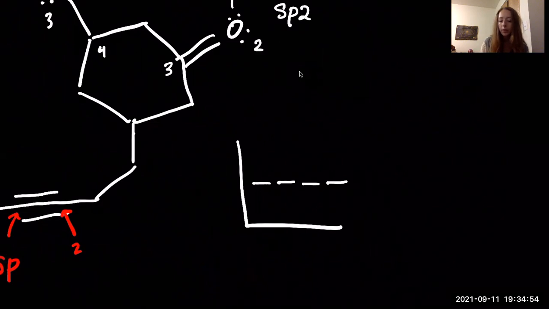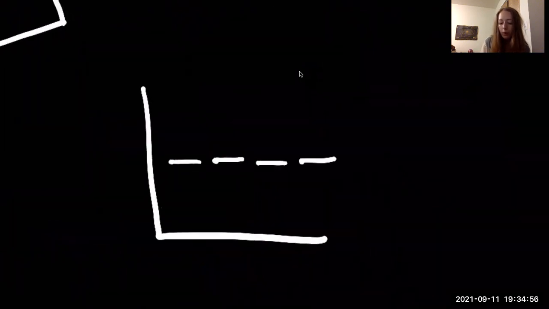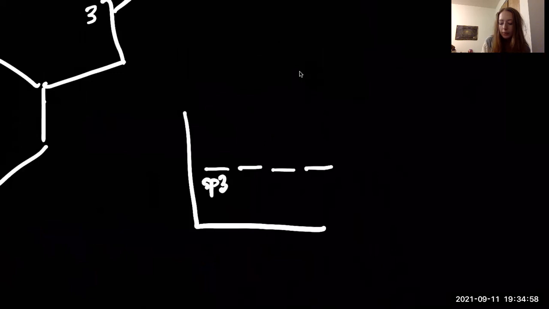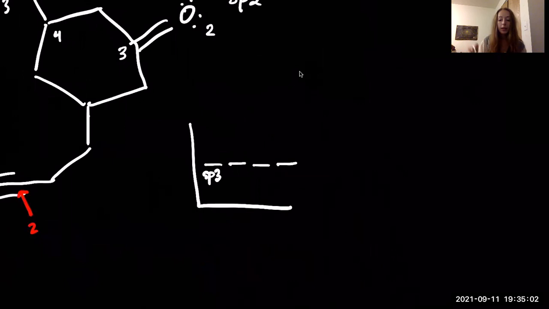It only usually has single bonds, and all of these will be labeled sp3, all of them, and they're going to be on the same plane. Okay, so this will be energy right here, and like I said before, oxygen has 6 valence electrons, so I'm going to label it this way.